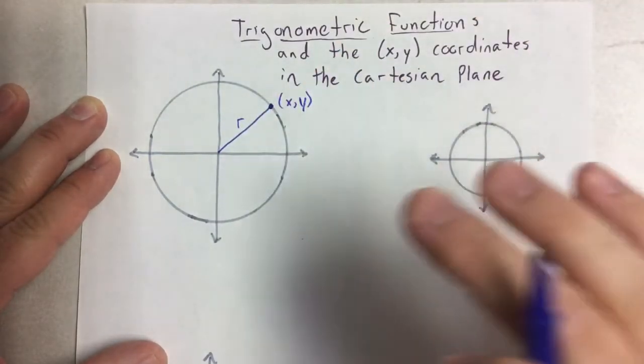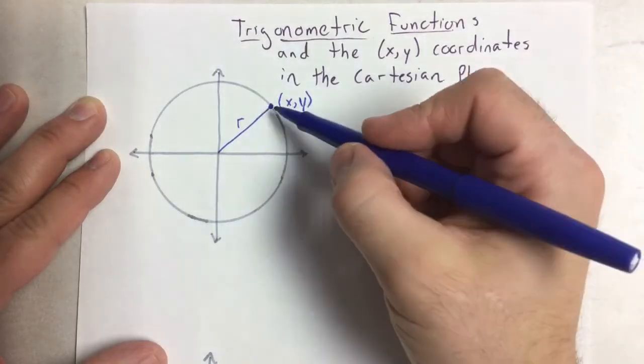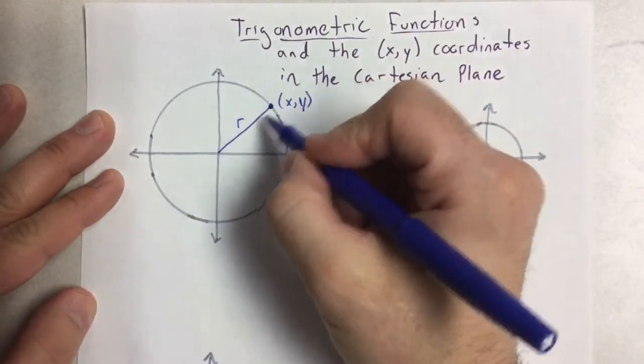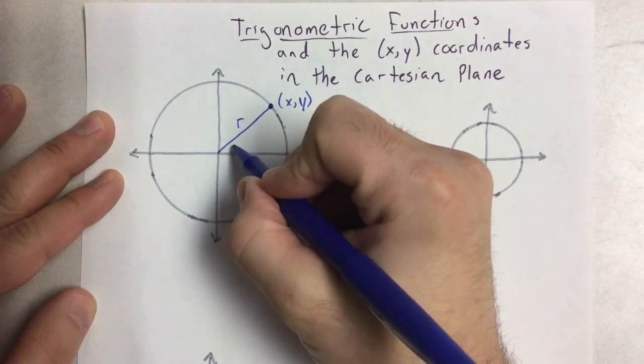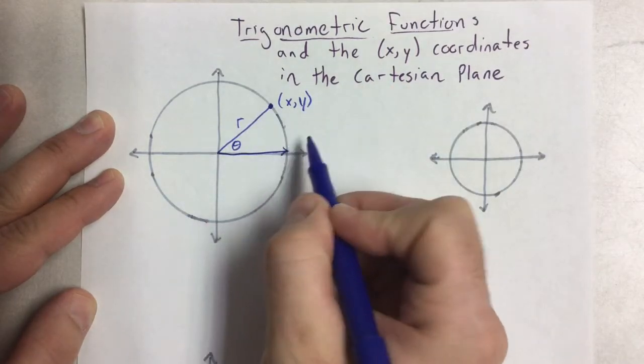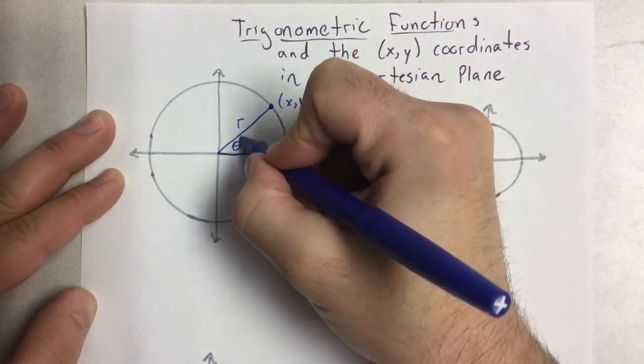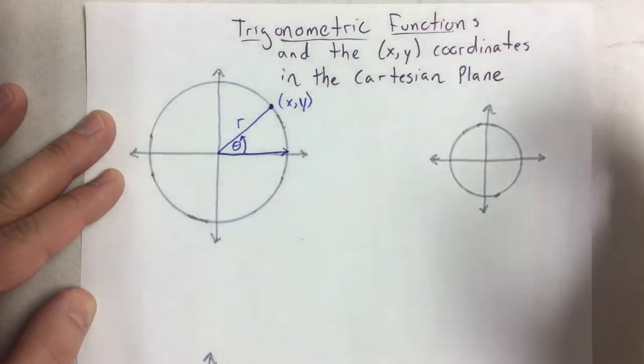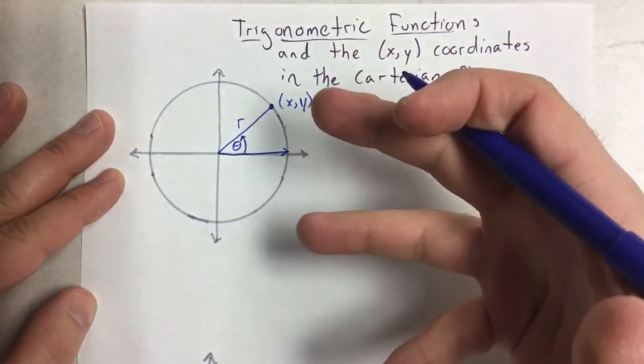Now, with this, we can actually see that there's an angle theta, using this as our initial side. So there's an angle theta, and we can apply our trig functions to this circle.